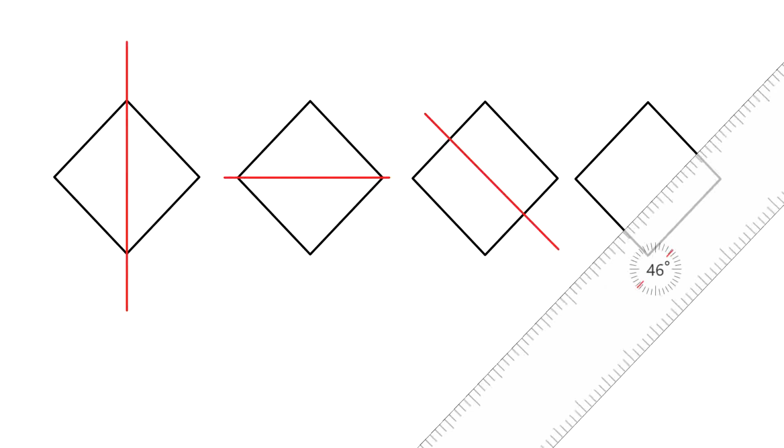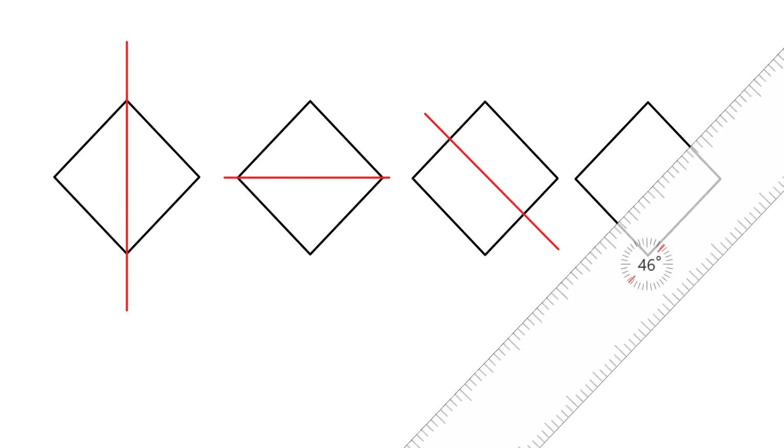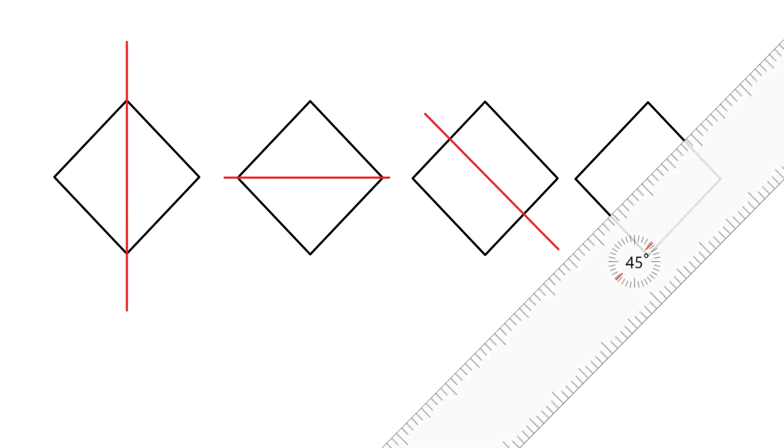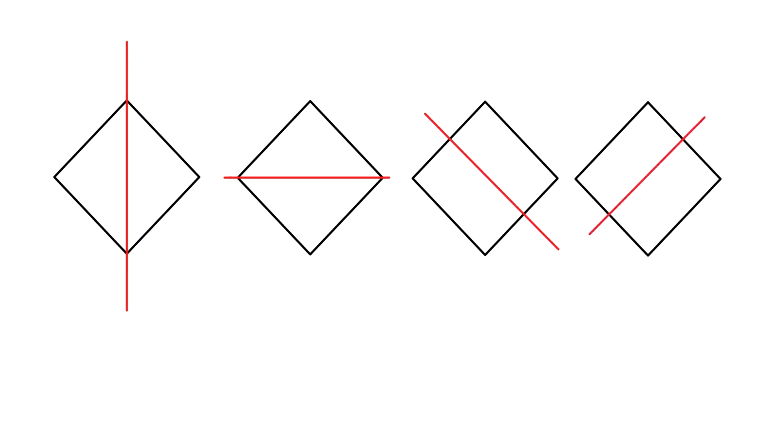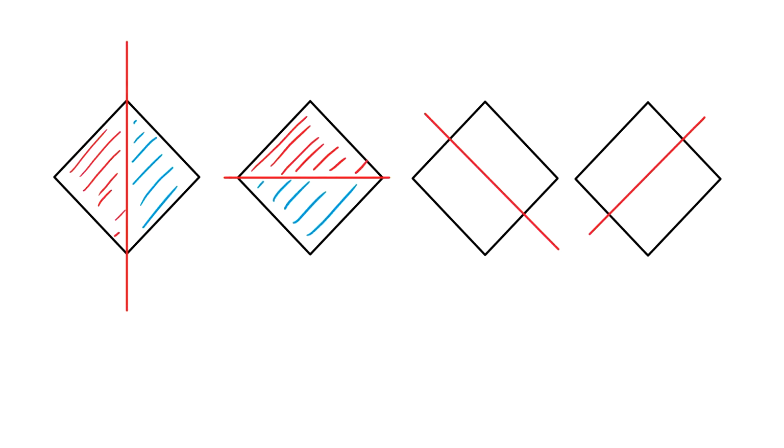And then we can have another one over here. Alright, so on this side, this red can fit perfectly on this blue. This red can fit perfectly on this blue. And we keep going until we're all shaded.